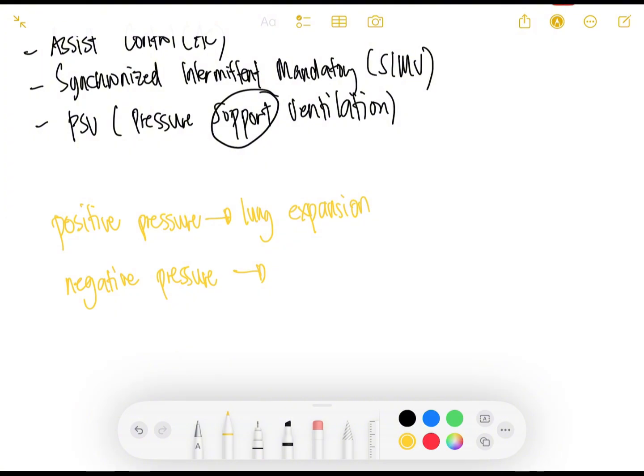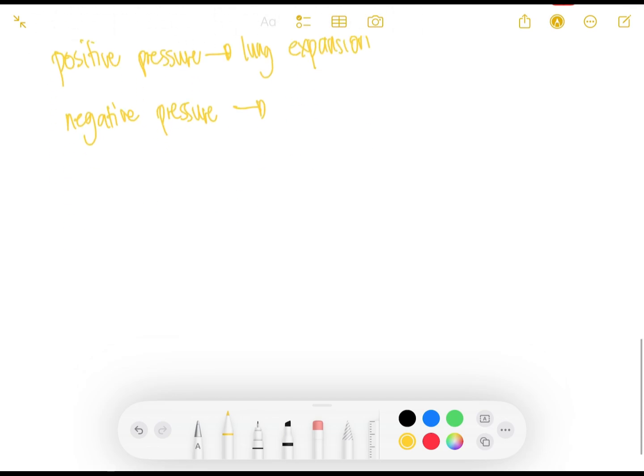And then next, you have negative pressure. So, yung negative pressure, dinedeliver yan sa lungs. Okay? So, kapag the more na nagiging negative yung pressure sa loob ng lungs at mas mataas ang pressure sa atmosphere, that will draw air from the atmosphere into the patient's lungs. Okay? So, yun si positive pressure for lung expansion and then negative pressure to draw more air from the atmosphere. So, yan si mechanical ventilator.